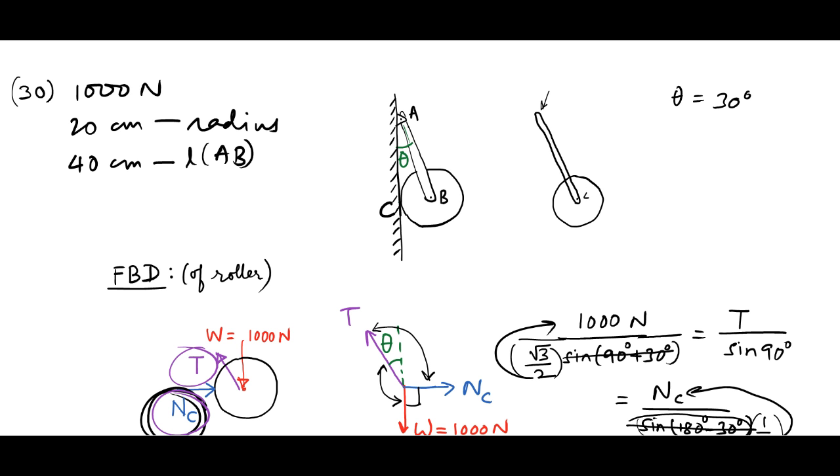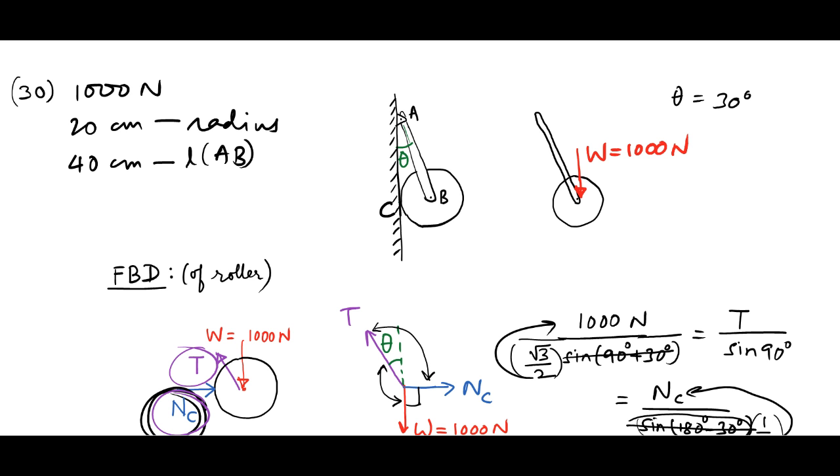Now what are the forces which are acting on the system? So number one, the weight of the roller is 1000 newtons, that acts at this point. Remember, you have to include only the external forces acting on this system, and weight definitely is an external force.